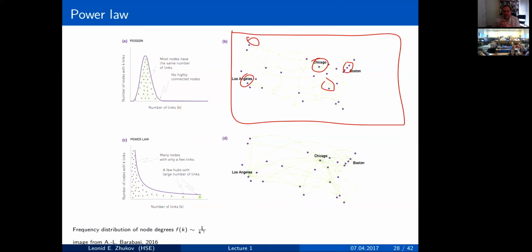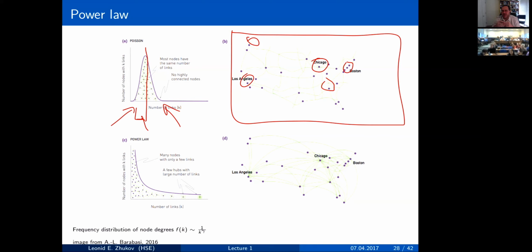If you build a histogram, counting how many cities have how many freeways, you realize that it looks like a Poisson distribution, which means on average most of the cities will have, let's say, 4 freeways coming into them, some cities a little bit less, and some a little bit more. We see the Poisson distribution every day in our life.